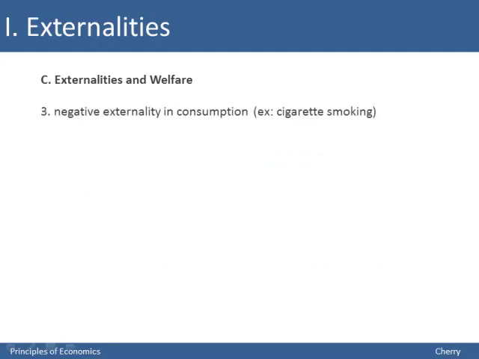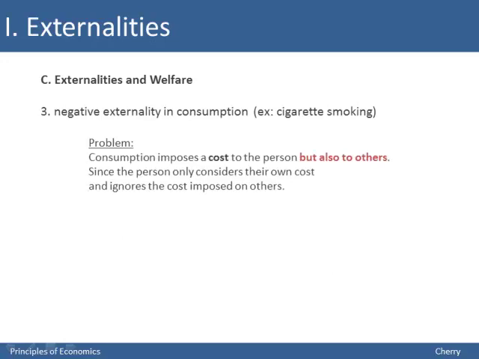So now let's look at a negative externality in consumption. And here we're talking about cigarette smoking. So here we have consumption, which is smoking by the smoker. It's going to impose a cost onto the smoker, but it's also going to impose cost on other people with secondhand smoke or health costs that are shifted onto other people.